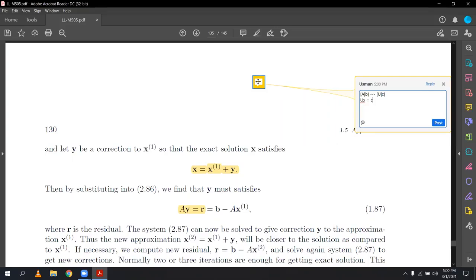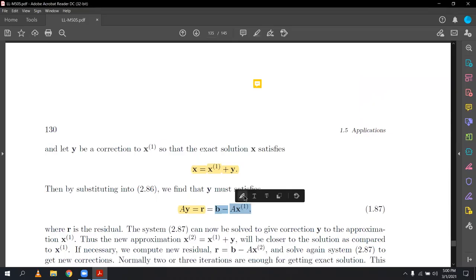So in place of B is R. And you know what is the value of R? R is B minus A X star. X star means the approximation given here. So first you have to calculate R by this formula, and then you solve the simple Gauss elimination.